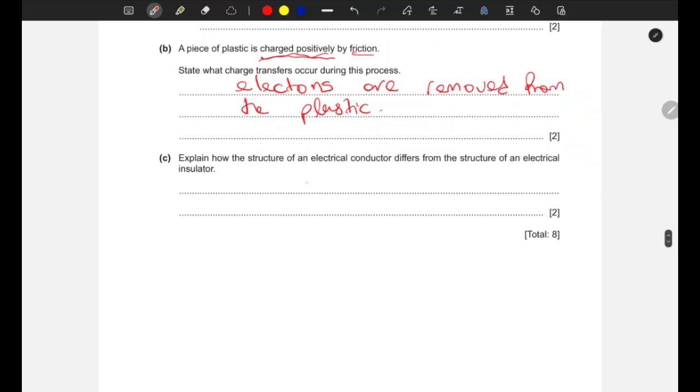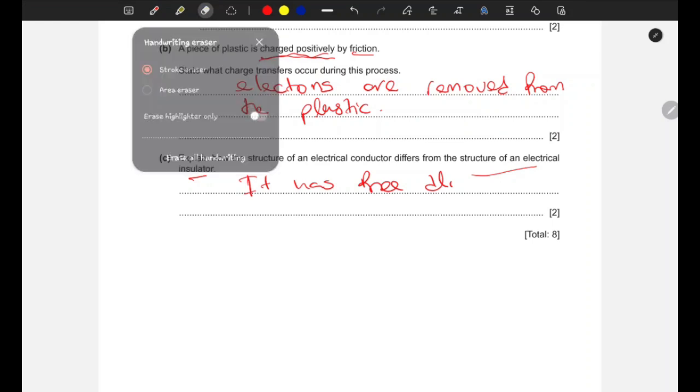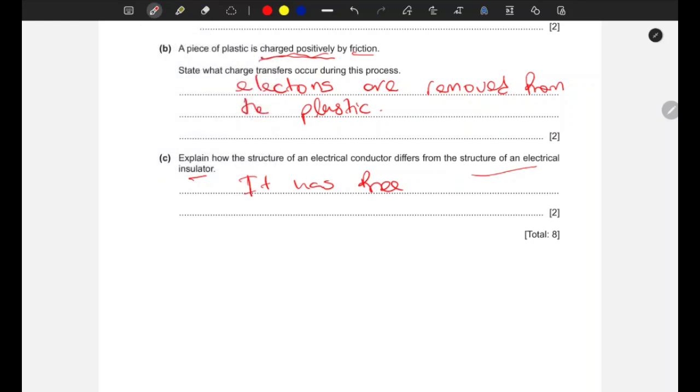Explain how the structure of an electrical conductor differs from the structure of an electrical insulator. An electrical conductor has free delocalized electrons.